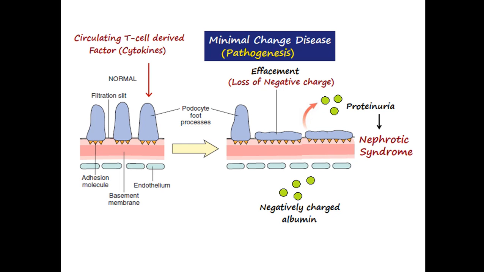And these cytokines are believed to affect the visceral epithelial layer of the glomerular barrier, particularly the foot processes of the podocytes.